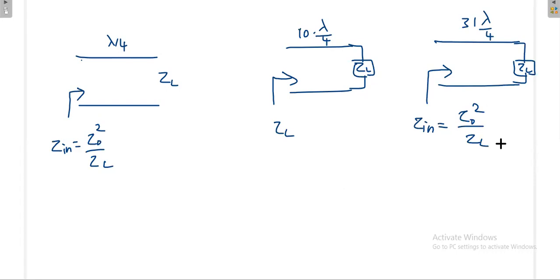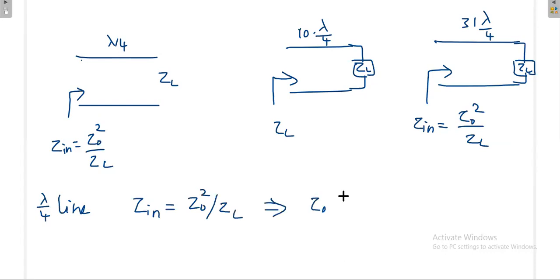Okay, now for a lambda by 4 transmission line, your input impedance is Z0 square divided by ZL, or otherwise Z0 square is equal to Zin times ZL, then Z0 is equal to the square root of Zin times ZL.